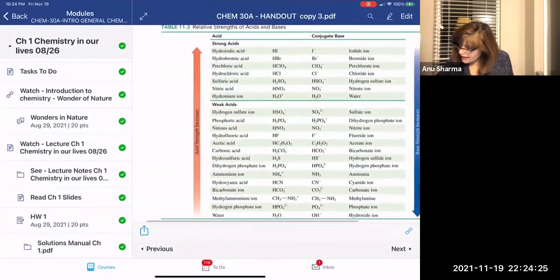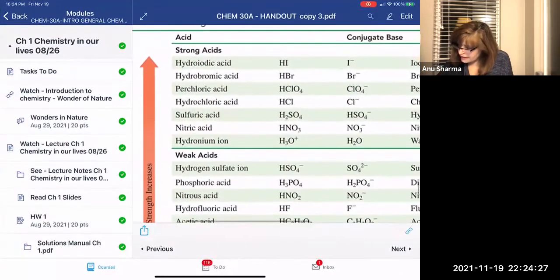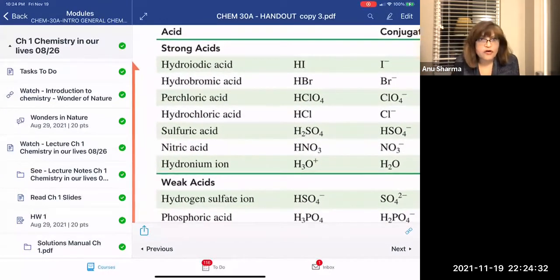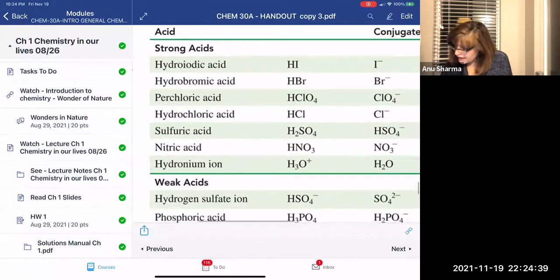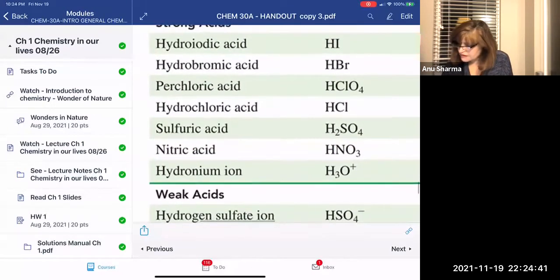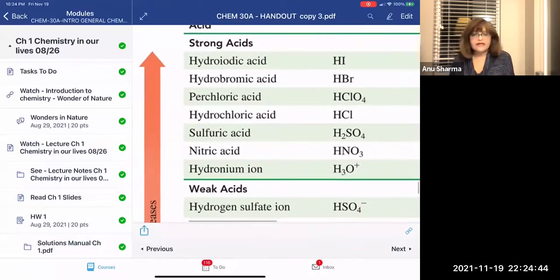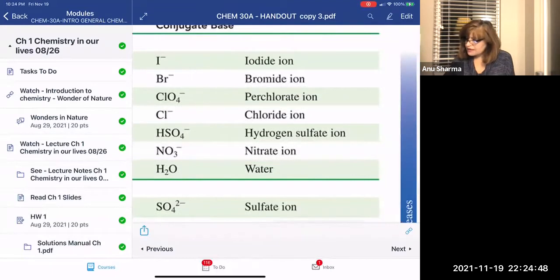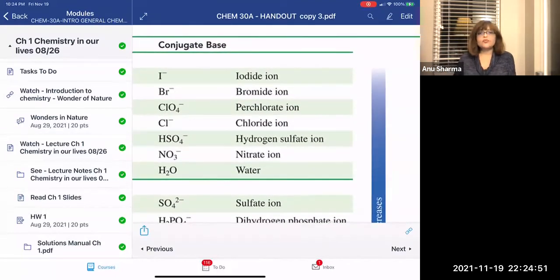So here you have H2SO4. Clearly, you see H2SO4 is on the strong side. Now, look at the HSO4. If sulfuric acid is on the stronger side, the HSO4 is on the weaker, so weak base. So comparatively, HSO4 is weaker, but H2SO4 is stronger.